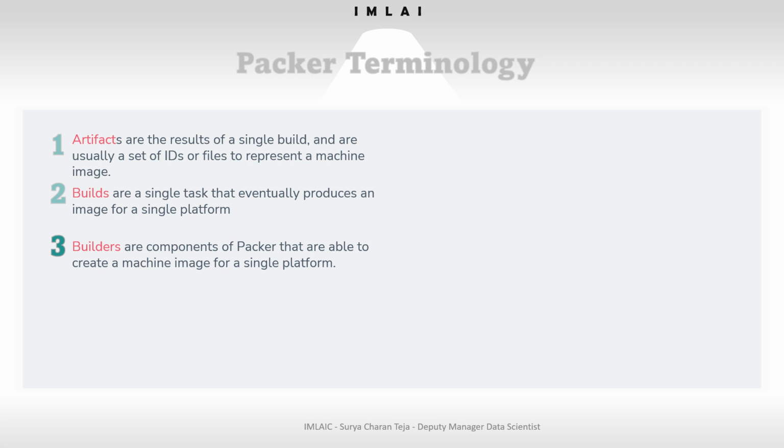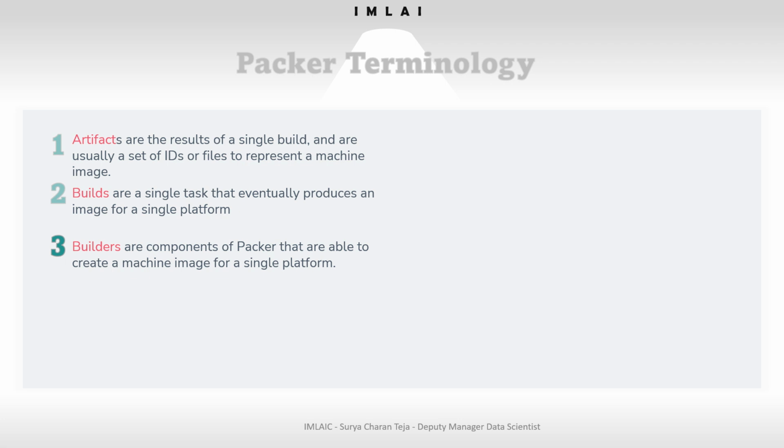A builder is invoked as part of a build in order to create the actual resulting images. Examples: VirtualBox can be a builder, VMware can be a builder, Amazon EC2 can be a builder. Amazon EC2 is a service in Amazon Web Services. So these are the examples of builders.